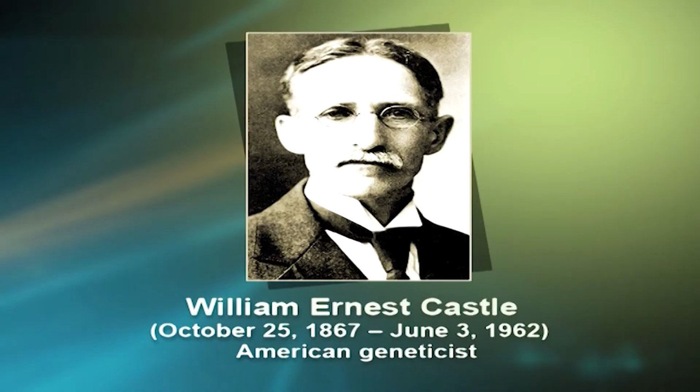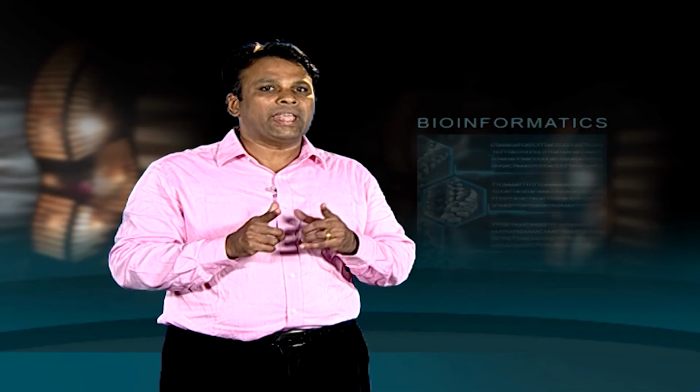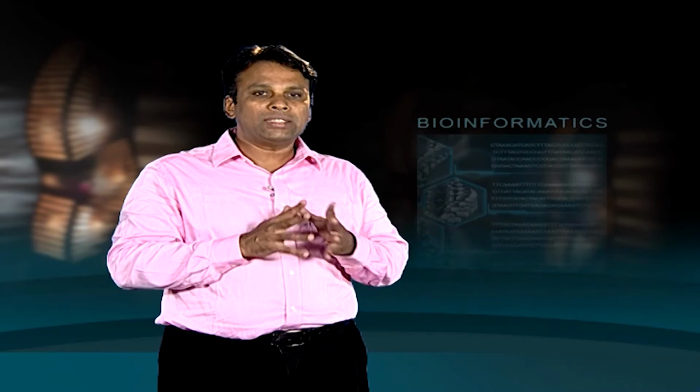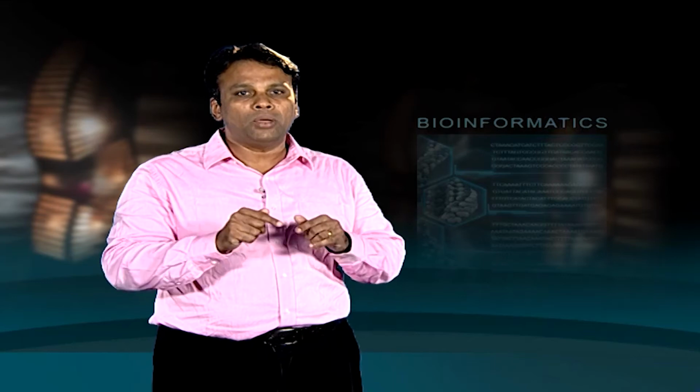In 1910, William Ernest Castle, an early American geneticist, and Clarence Cook Little, an American genetics, cancer and tobacco researcher as well as an academic administrator, established Cuénot's discovery of lethal genes by proving that a quarter of the offspring from the crosses between the heterozygotes died due to failure of implantation in the uterine lining during embryonic development.